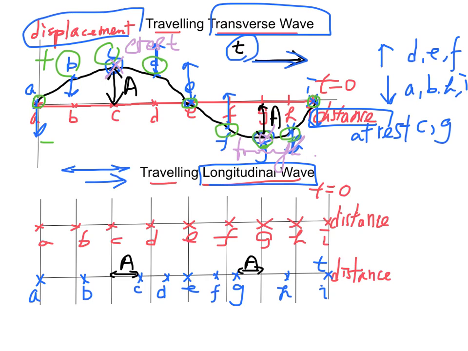For a longitudinal wave, we have E as the position of compression, while A and I are positions of rarefactions.